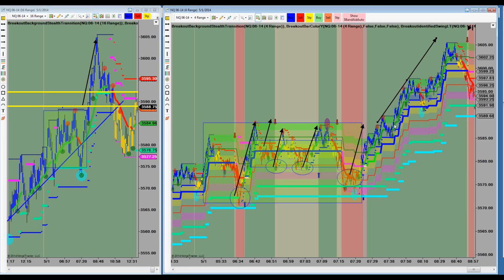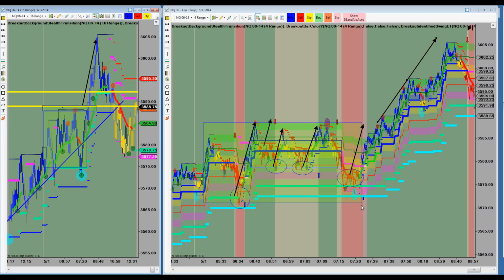This move up on the right is this move up on the left. So it became very clear when this resistance level was taken out right here, which had held for most of the morning, that we were heading up and you were looking to buy the breakout and take the trade.